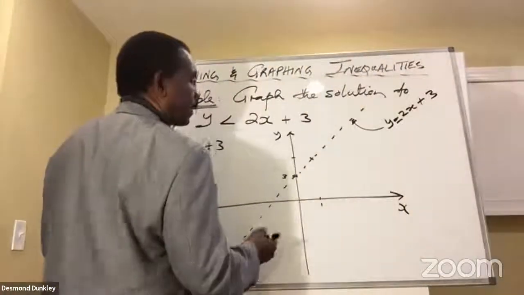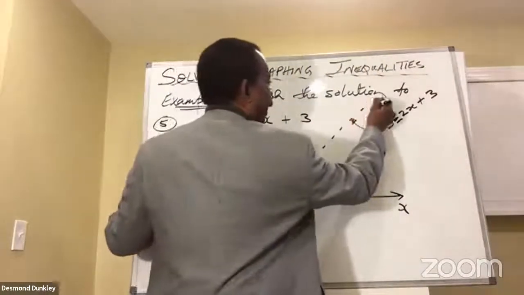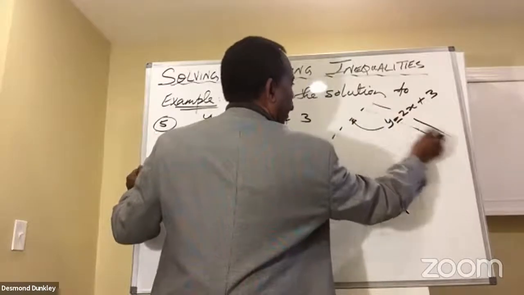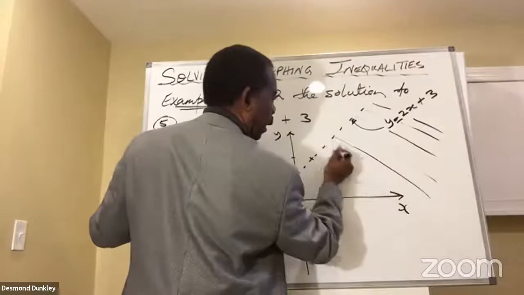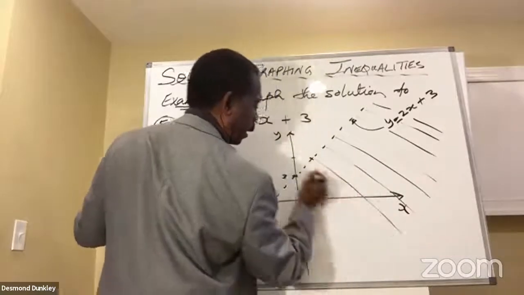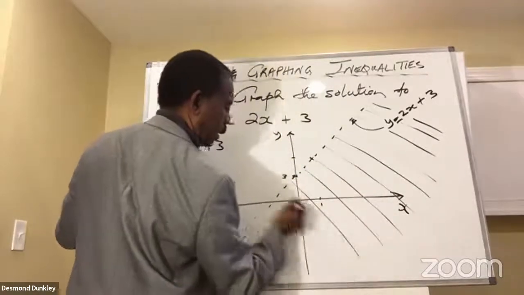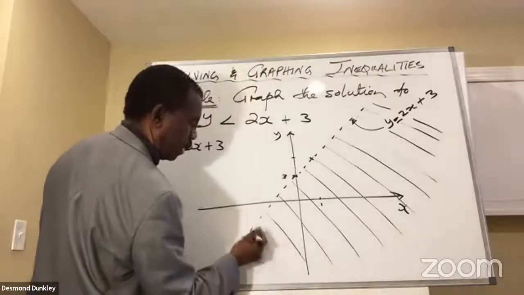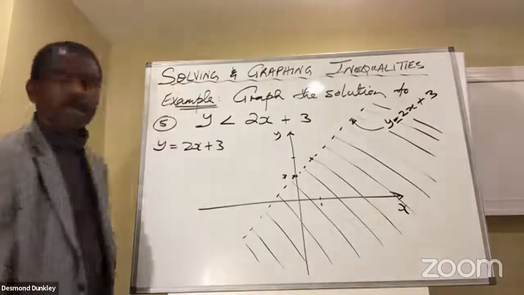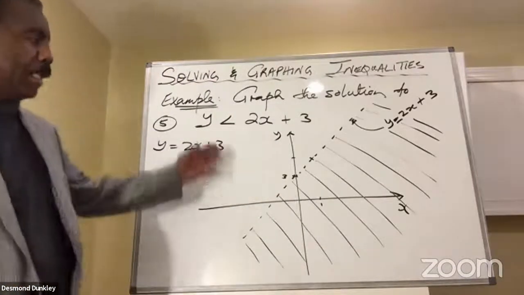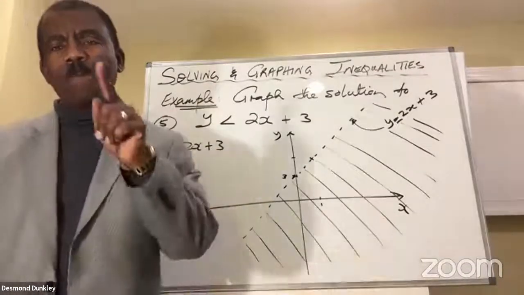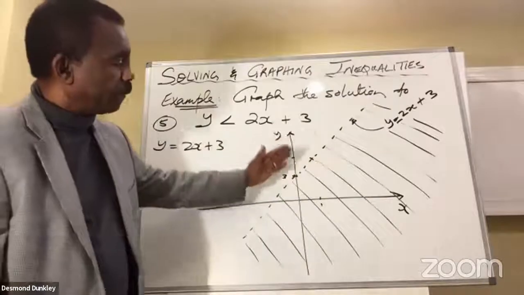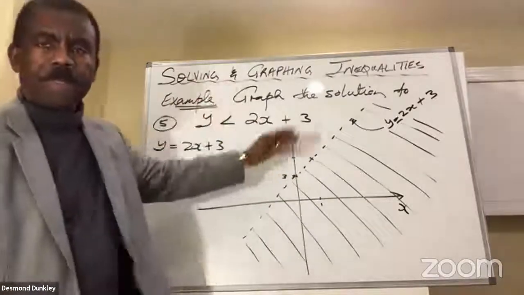So this is how you shade the graph. The graph of this inequality here is everything below because it is less than. If it was greater than, you'd have shaded above.